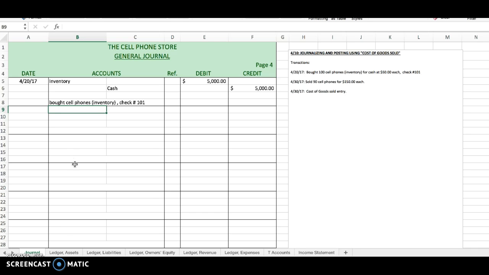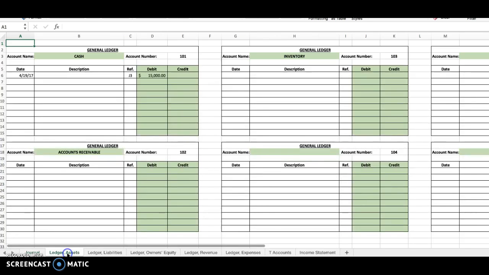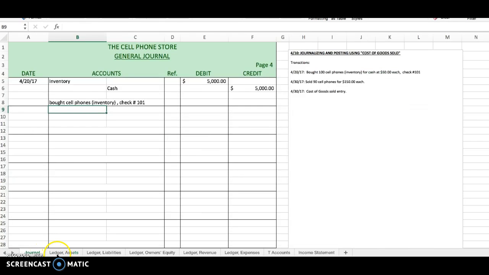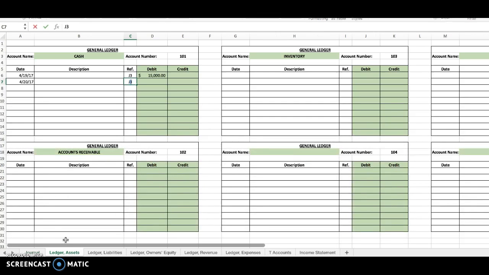Now we need to post that. So let's go to our ledger, and that was for 2017. I'm posting the credit part first. Doesn't matter which one you do first. And the journal page was what, page 4. So J4, and we credited $5,000 cash.